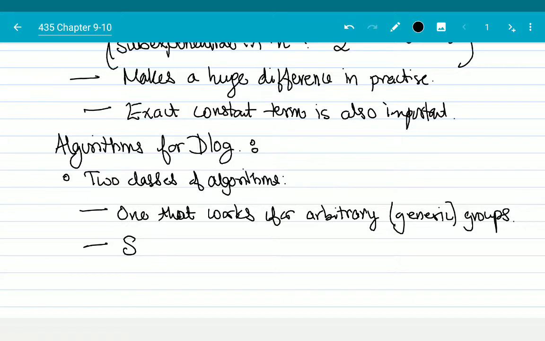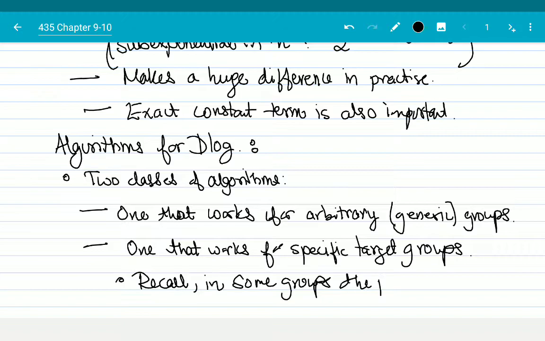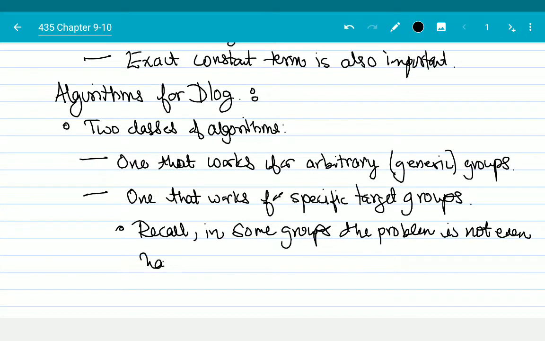Now, what kind of groups? Well, recall that in some groups the problem is not even hard, right?